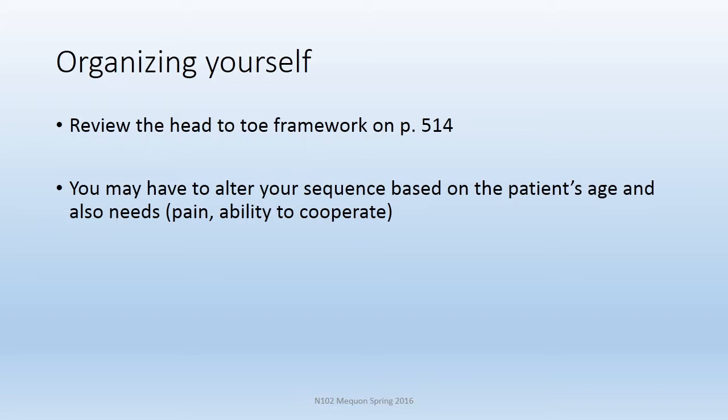And so that is also a good time to assess the patient's skin. Similarly, when you are doing a musculoskeletal assessment on a patient's upper or lower extremities, that is also a good opportunity to look at the patient's skin.